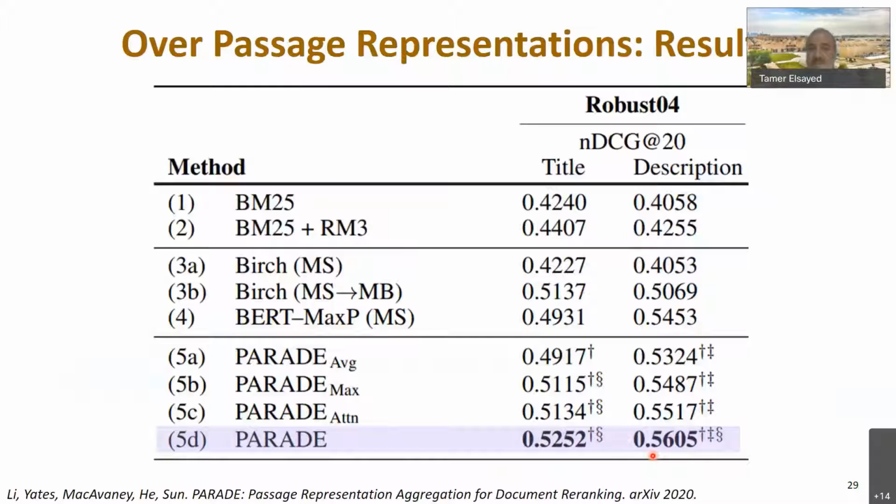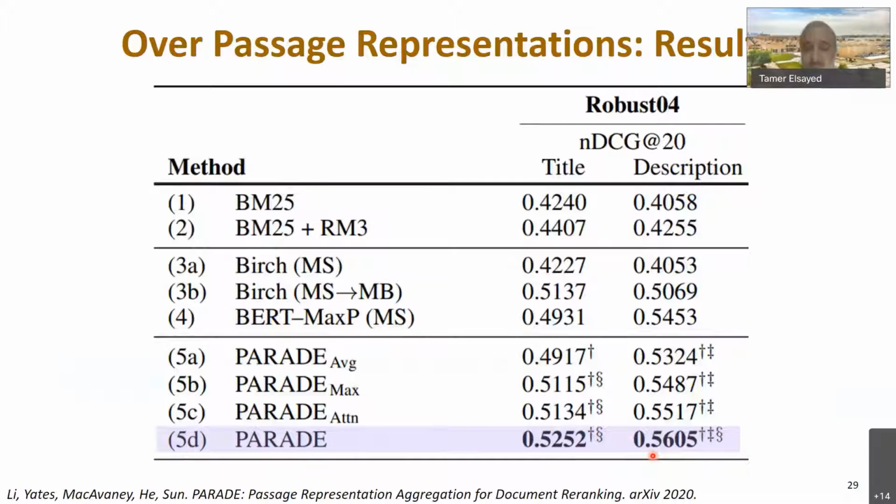So the idea of Parade is to aggregate not the scores, but the representations, the embeddings of the individual passages. In the previous two methods, BERT or Max-P, we get a score that is assigned to each passage separately, and then we aggregate the scores. Let me ask you a question.